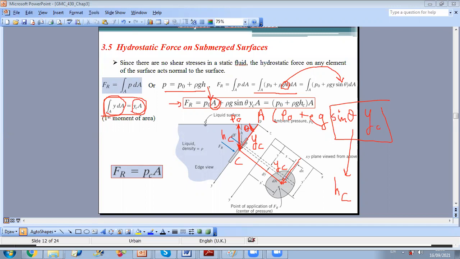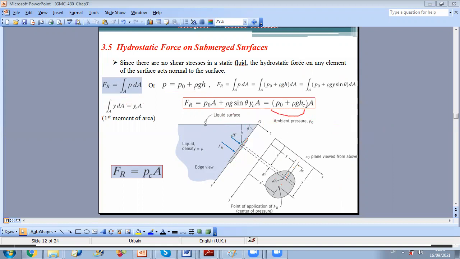So we got this term, okay? We got that the resultant force is P0 plus rho g hC times the area. Now I want to analyze this term. What is the pressure at any point? If I have any point, how do I get its pressure? Exactly. If I take point A, how do I get its pressure? I take P0, which is on the surface, plus rho g times the depth, which is h of A, right? So when I do P0 plus rho g hC, I am finding the pressure at point C. So I can say now this term represents the pressure acting on point C. So this is the pressure at C, which is the centroid of my area.